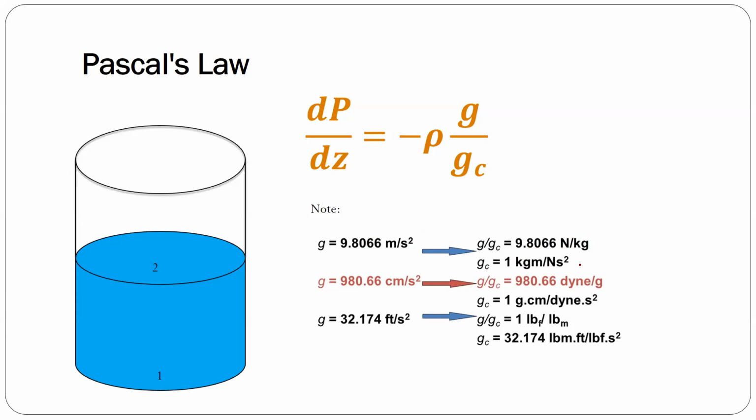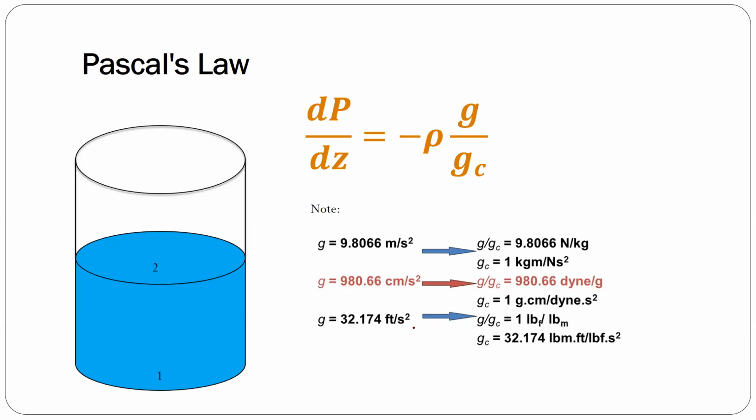Okay, so that means if you have a kilogram of an object, it exerts a weight or a force of 9.8 newtons.